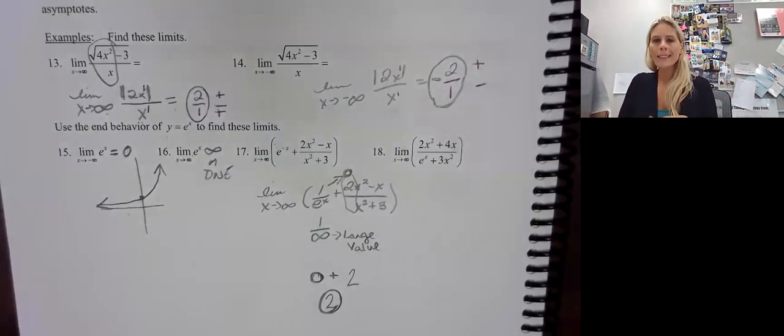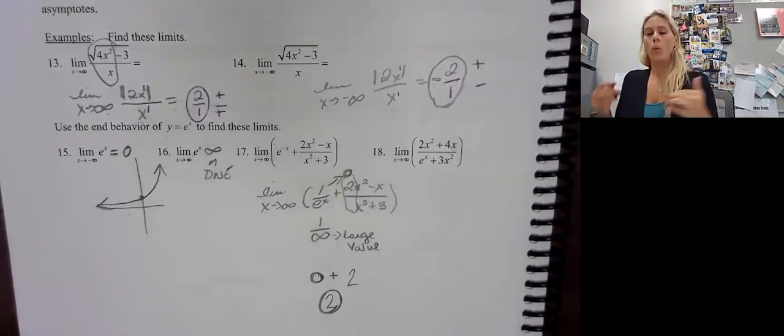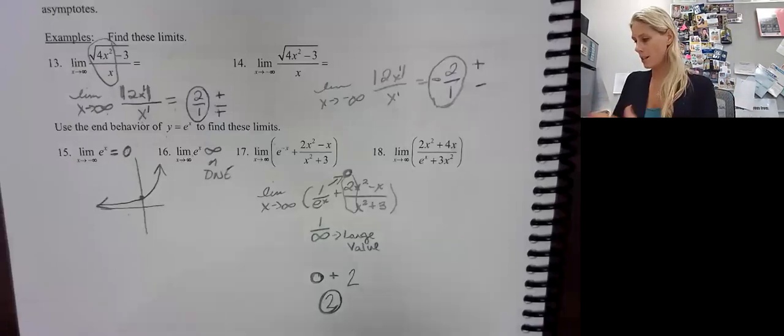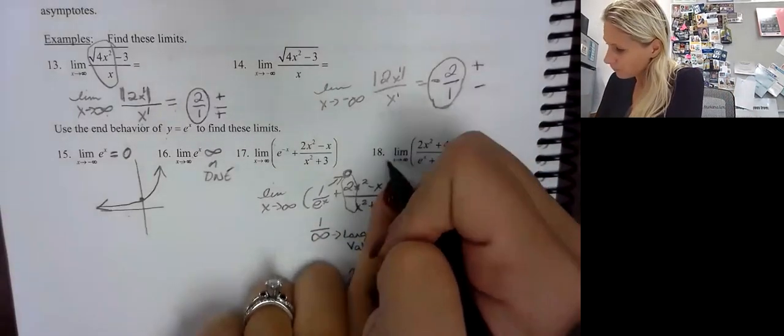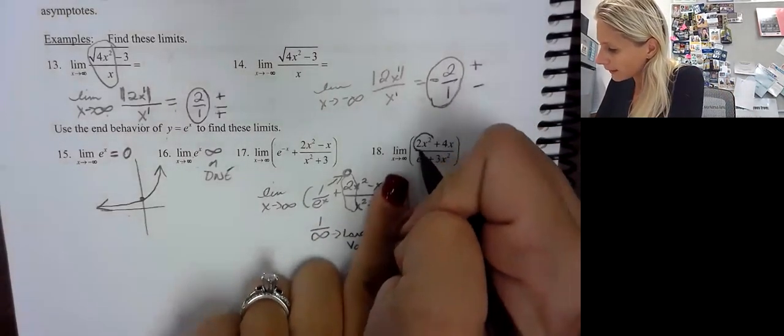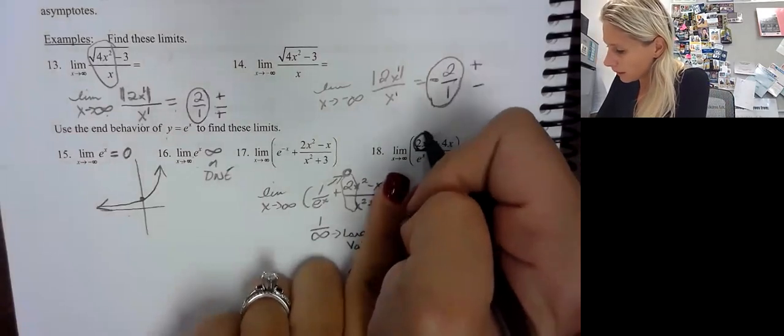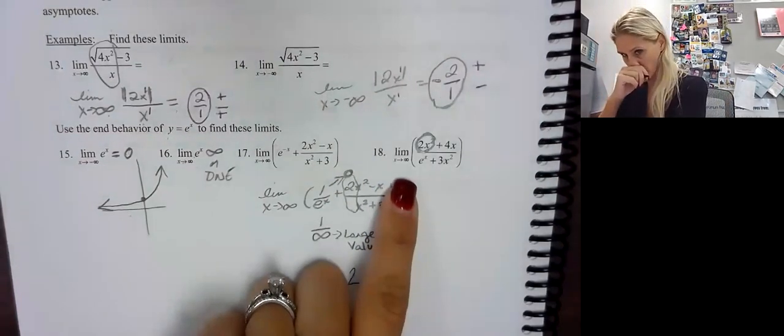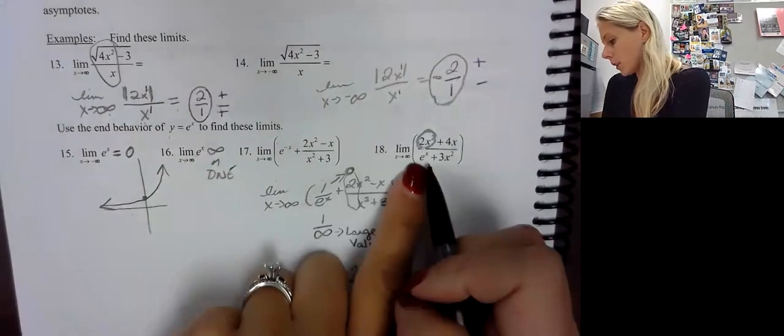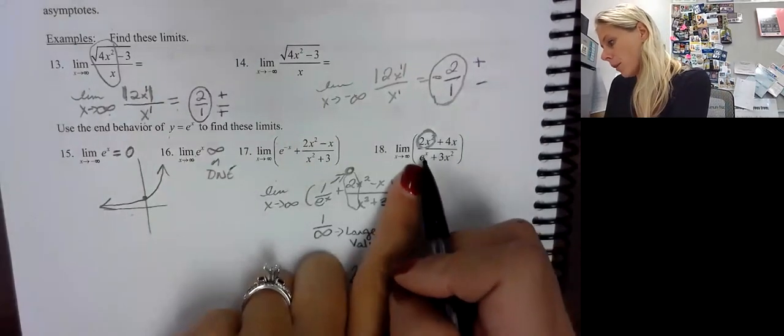All right. What does that mean for 18? We've always been told before to look at the highest exponent degree when you look at the numerator and denominator. In the numerator, our highest degree is x squared, so 2x squared. In the denominator, think of this as 2 and this is x.